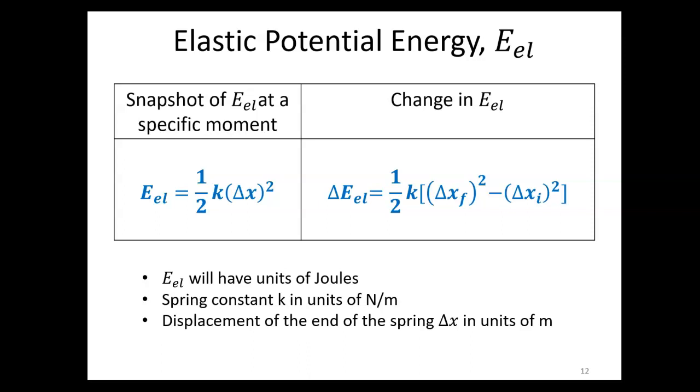For these formulas to work, the standard units have to be that the spring constant, K, is given in newtons per meter, and the displacement must be in units of meter.